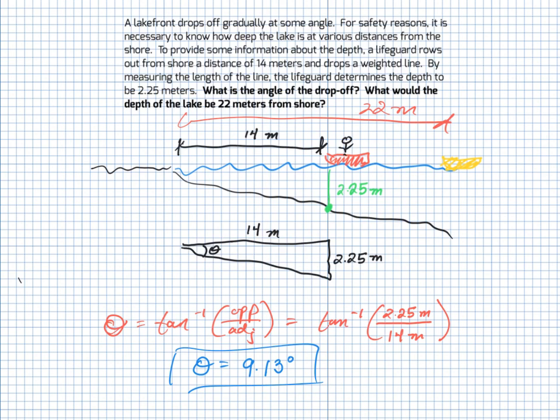And you need to find what this distance is. But again, you know your adjacent side, you know your theta, you know that angle of drop-off, so you should very easily be able to find the depth 22 meters from shore. So I'm going to challenge you to find that on your own.